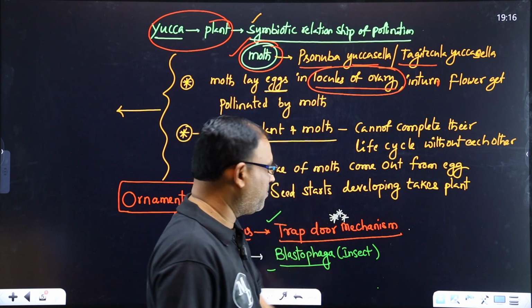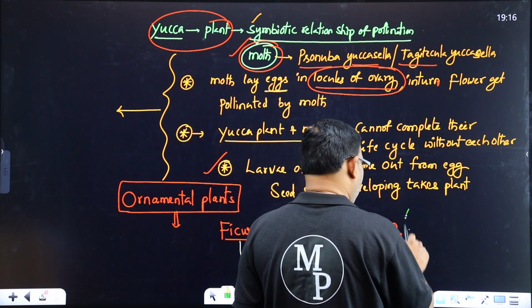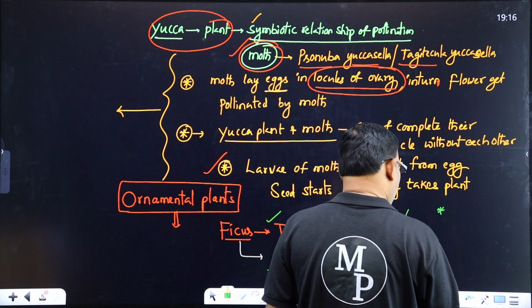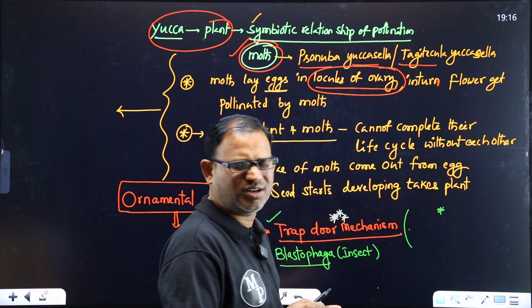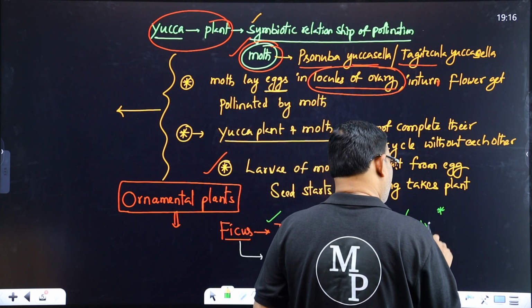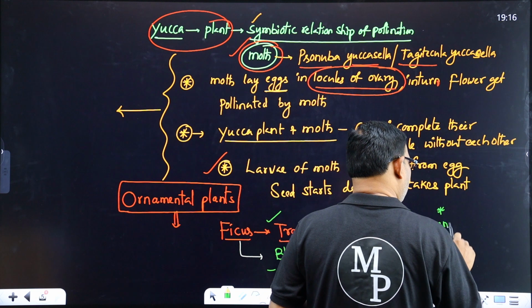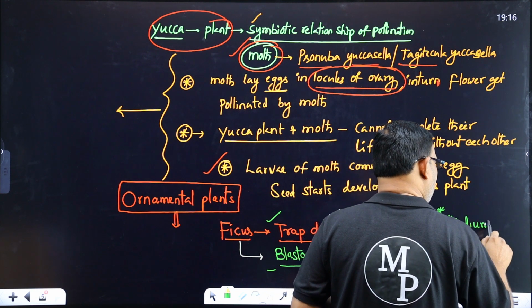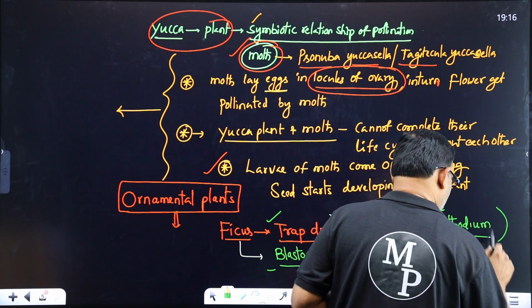Very important. Why is the trapdoor mechanism there? Due to the presence of a special type of inflorescence, called the hypanthodium inflorescence. Very important.